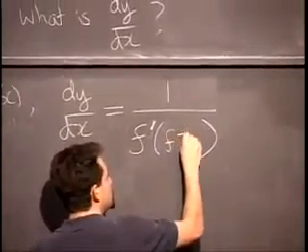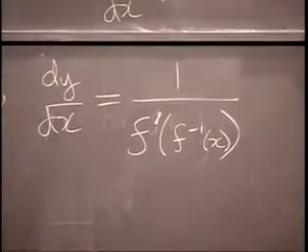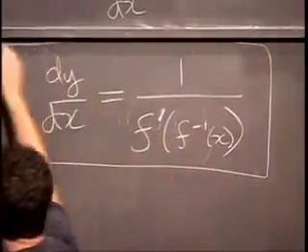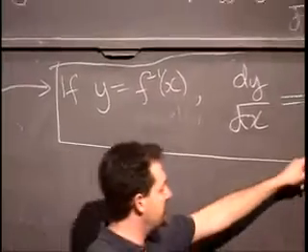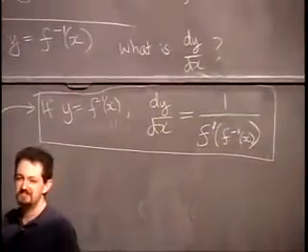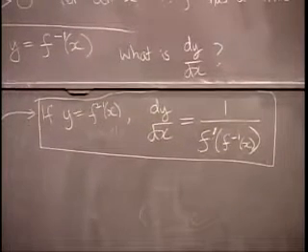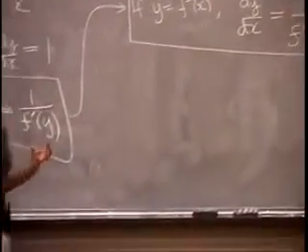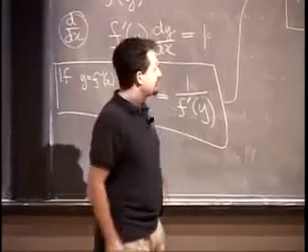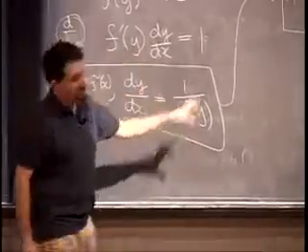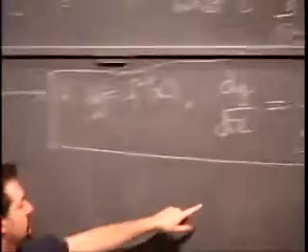So I'm going to change the y to an f inverse of x to produce this rather startling, bizarre looking formula. dy dx is 1 over f prime of f inverse of x. It's pretty messy, but that's what it looks like. What we're doing is we're differentiating f, and then we're evaluating it at the point f inverse of x, not at x. Both these formulas are true. They both work. It's just this has a y on the right-hand side, and here I've eliminated the y.